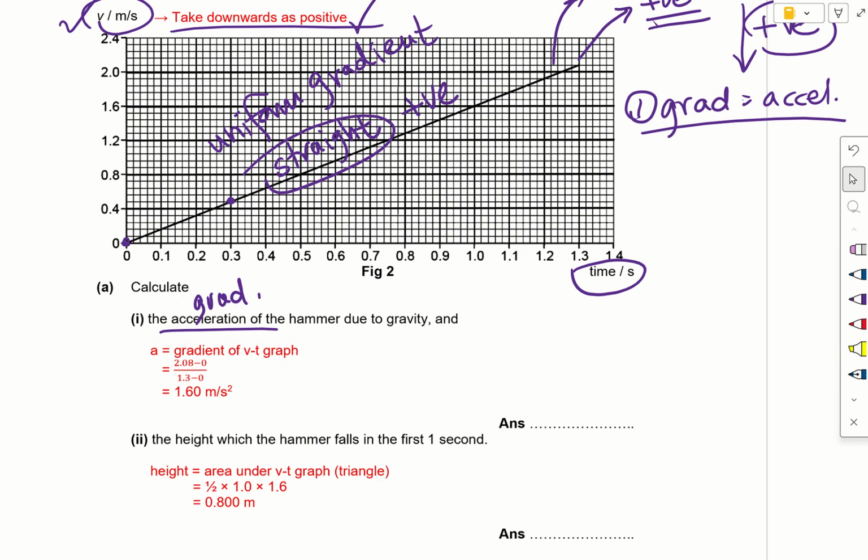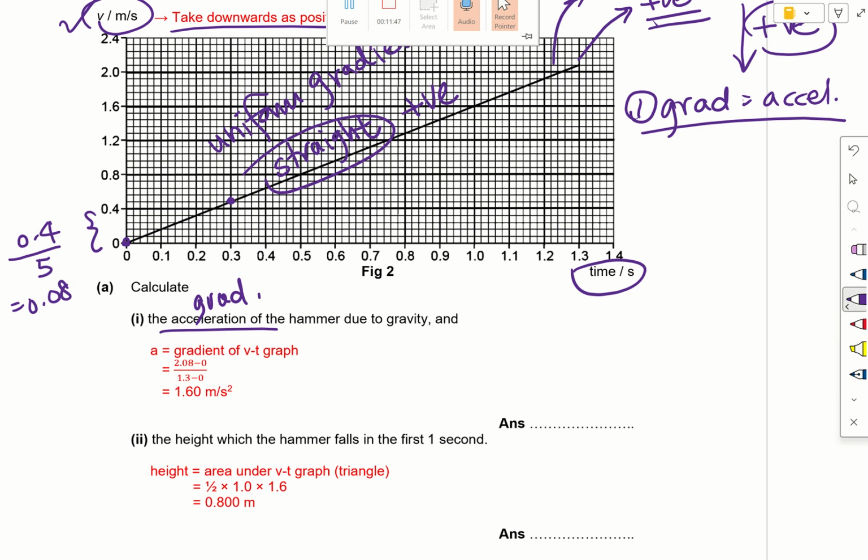But do take note of how much each small square is. So there are 5 squares here from 0 to 0.4. So 0.4 divided by 5, each square will be 0.08. So there's one square, so this is 0.48. 0.48 over 0.3, I will get an answer of 1.6.